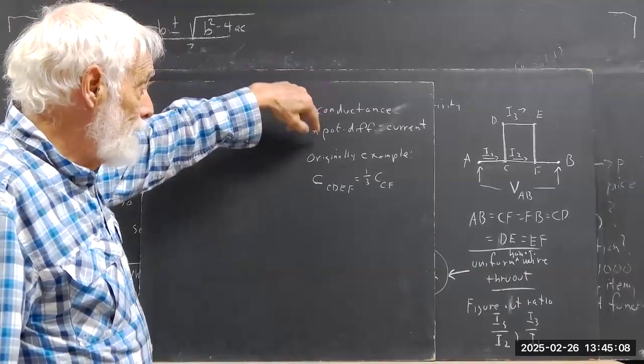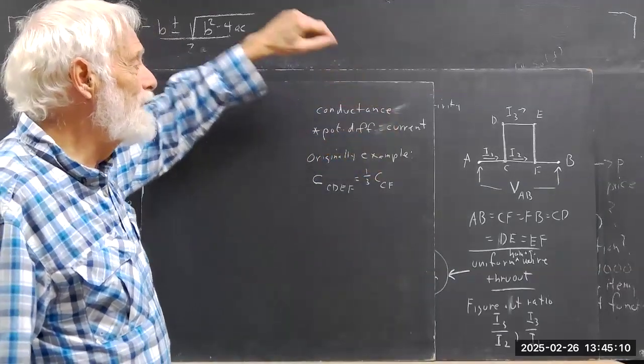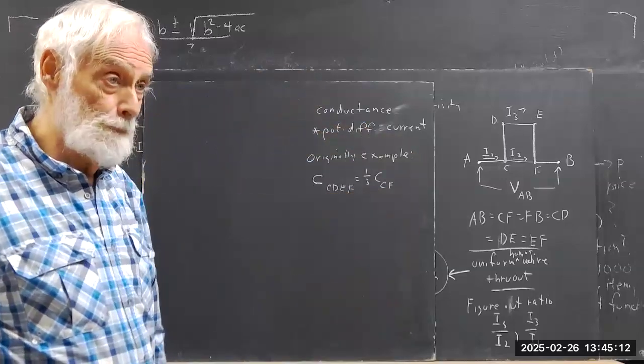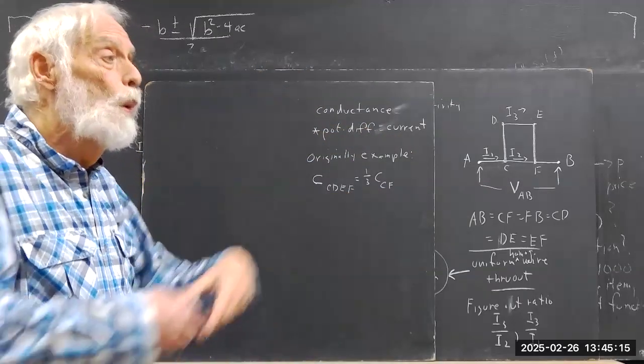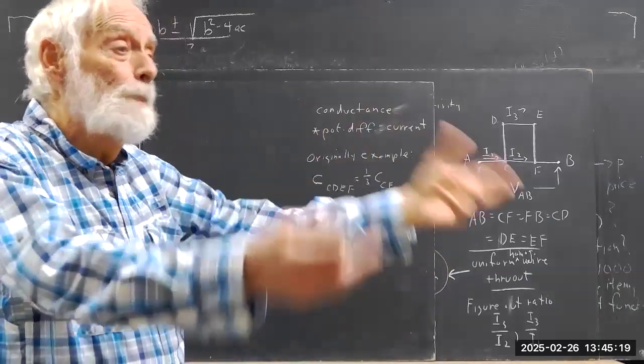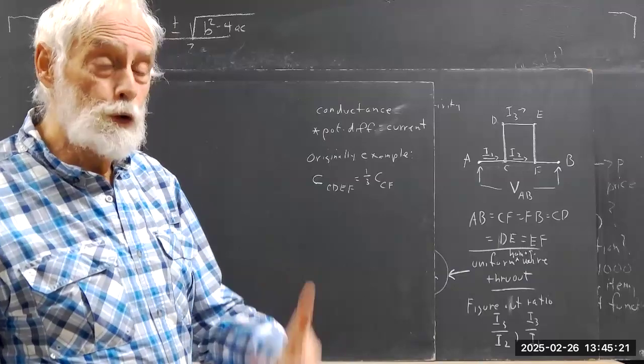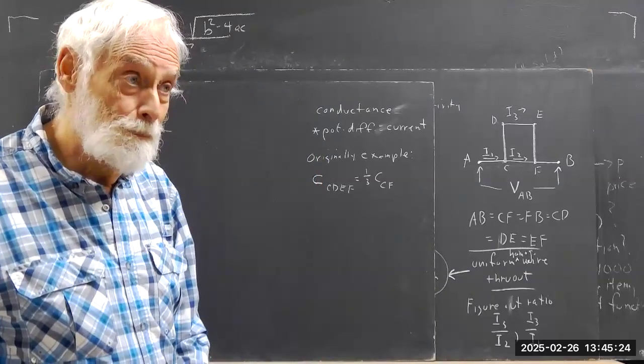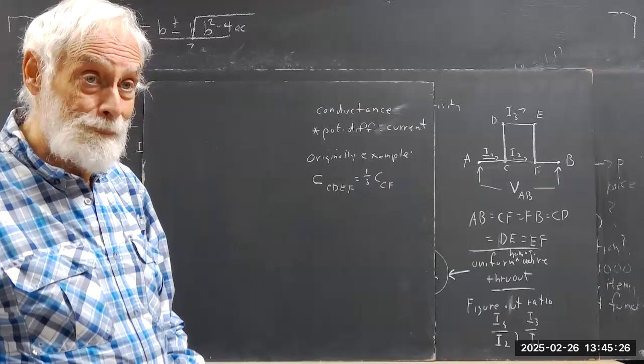So let's say conductance times potential difference is the current. Conductance is how well it conducts. You multiply that by the voltage and you get how much current. It's a pretty intuitive idea, more intuitive than resistance.